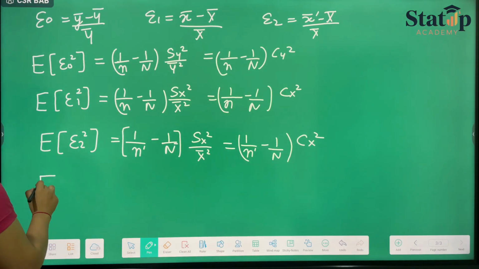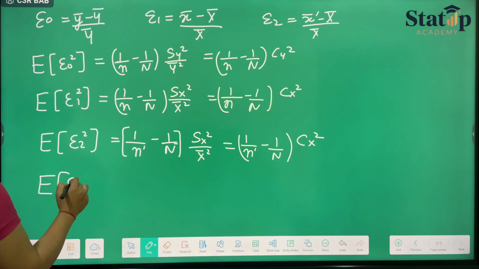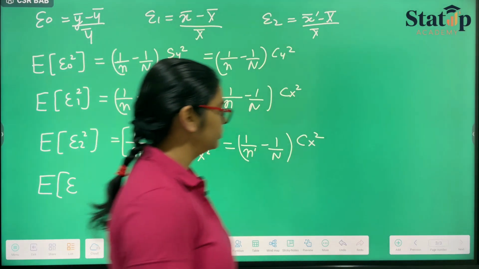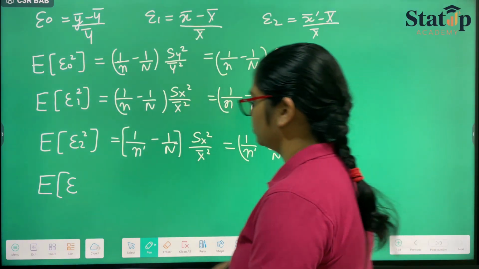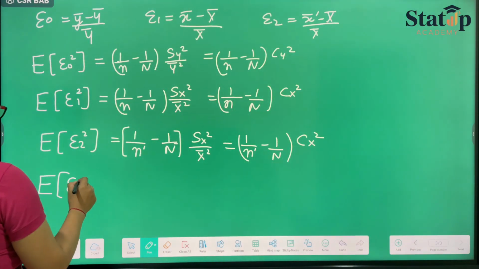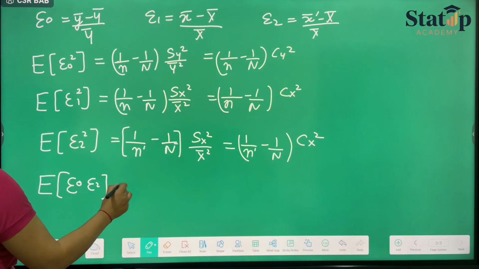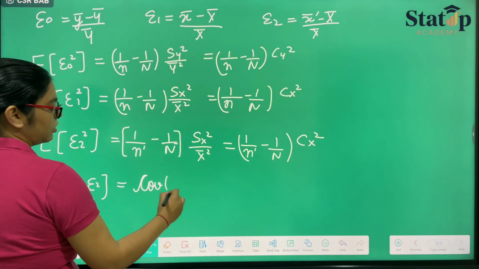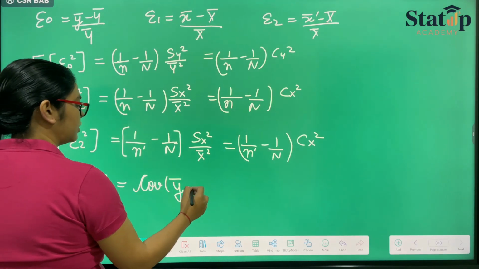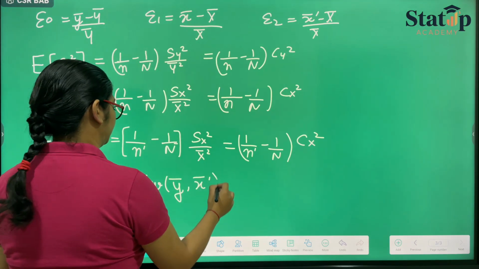Then the expectation of epsilon naught epsilon 2 is the covariance of y bar and x bar prime.